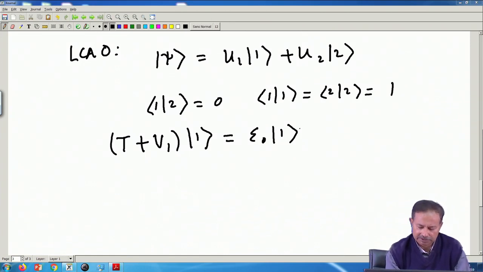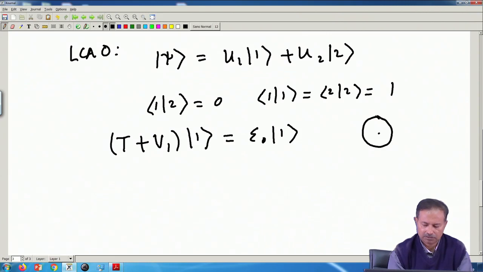So, let us just assume that this is ε0, the energy of, for example, the atom 1. T plus V1 means this electron's kinetic energy and its Coulomb interaction with its own nucleus. That is included in this ε0.